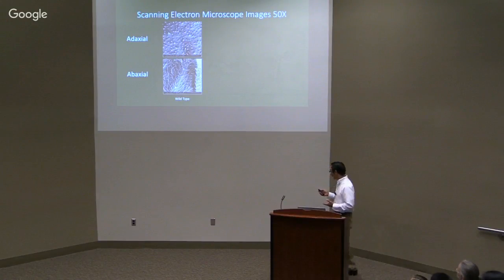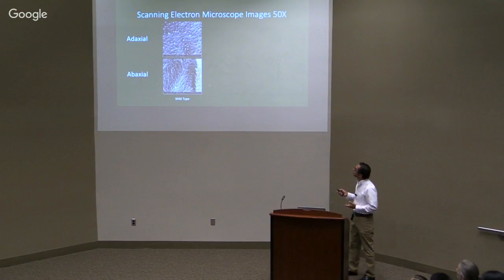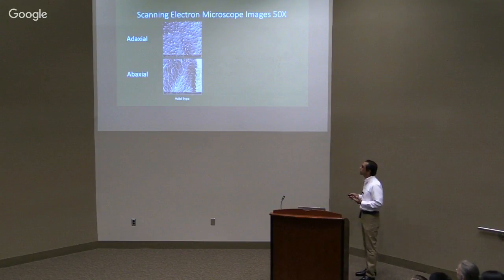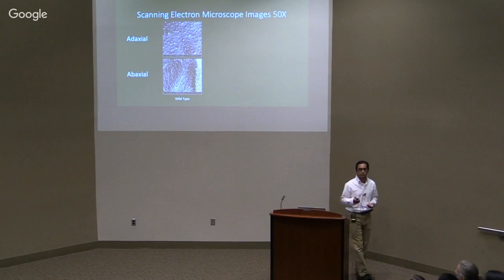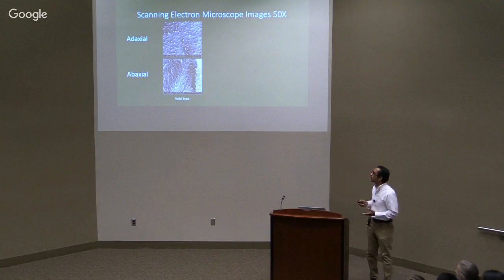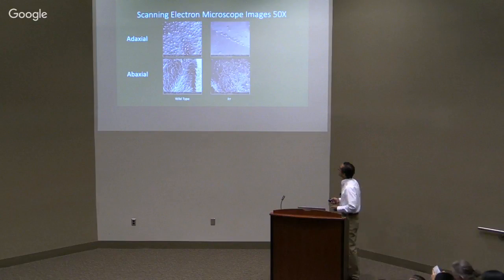You can see that under the wild type, the abaxial, or the lower side of the leaf, is covered with trichomes, or hairs, that are very long and prolific. Now, on the adaxial side, or the upper side of the leaf, you'll notice that it still has those trichomes, but they are much shorter, perhaps not as dense.